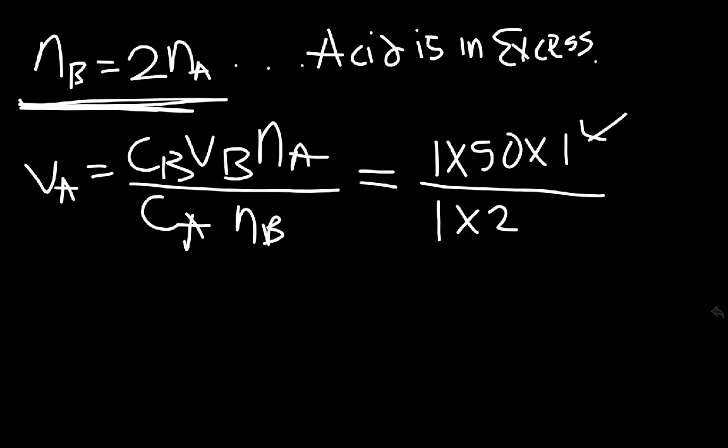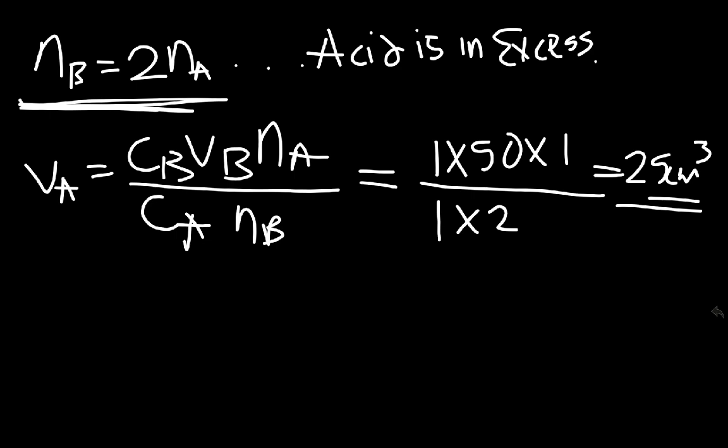And so here the mole of the acid is 1 from here, while at the bottom the mole of the base is 2, which is this one. Okay, if you punch your calculator, you arrive at 25 cm cube. So you arrive at 25 cm cube.